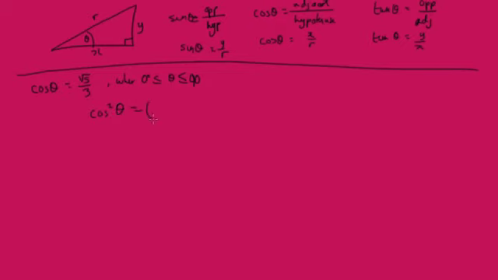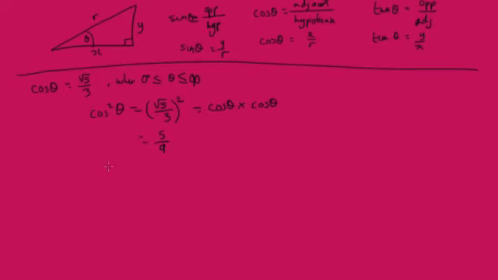So that would be root 5 over 3 squared, because cosine squared theta is the same as cosine theta times cosine theta. So we'd have 5 over 9, which is quite simple.